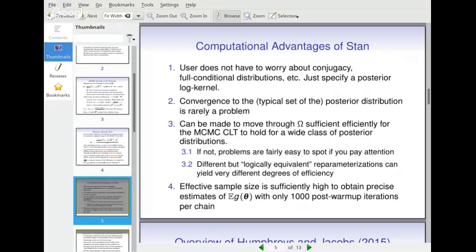So first of all, you as the user, you don't have to worry about whether this is conjugate with that, deriving a full conditional distribution, or coming up with some special case algorithm that works on this problem but not on any other problem. All you have to do is write down the kernel of a posterior distribution in logarithm form. So that's really the only essential requirement placed on the user.